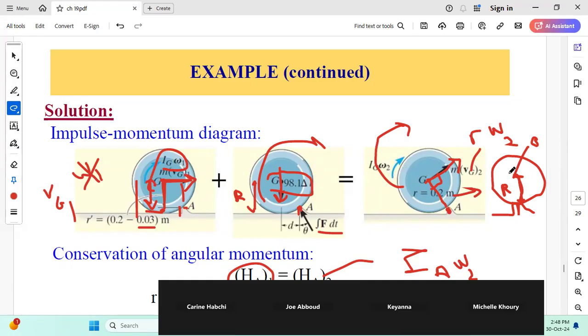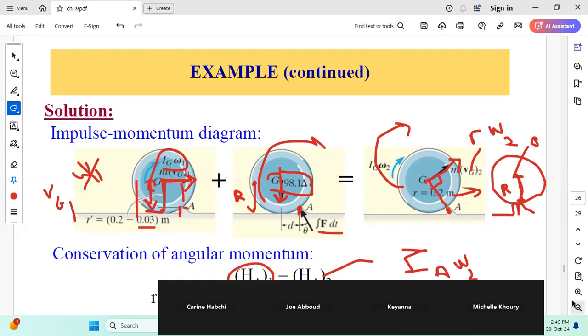Why can I apply conservation of mechanical energy? Because during the rotation, A is fixed, so the forces acting on A will not do any work. The only force doing work is the weight of G. And the minimum velocity just after collision will be the one that gives a final kinetic energy equal to 0. The whole kinetic energy will be transformed into gravitational potential energy.